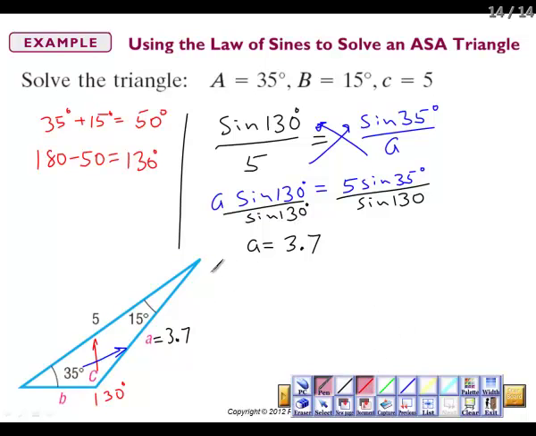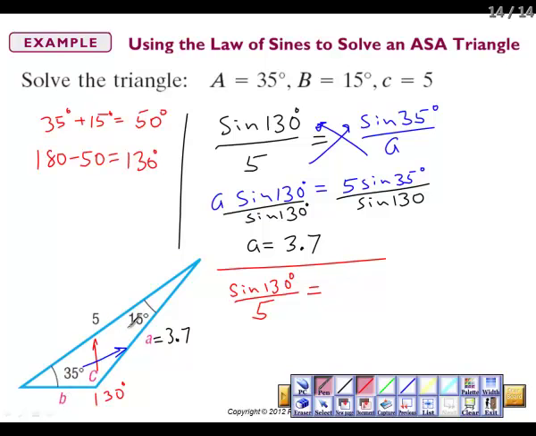Okay, now we want to find side B. Well, we can't use the Pythagorean theorem because we don't have a right triangle. So we have to use the law of sines again. And so again, we can use sine of 130 degrees over 5 equals, now what angle are we going to use this time for side B?